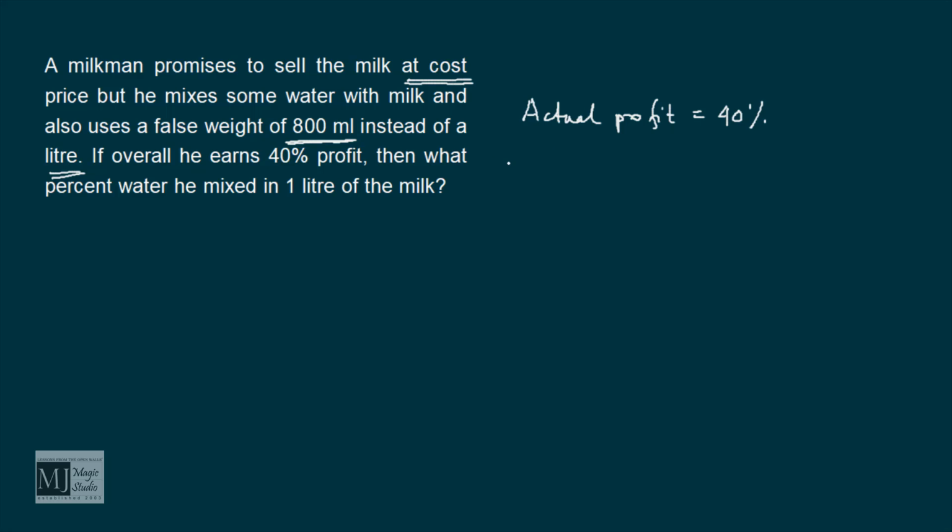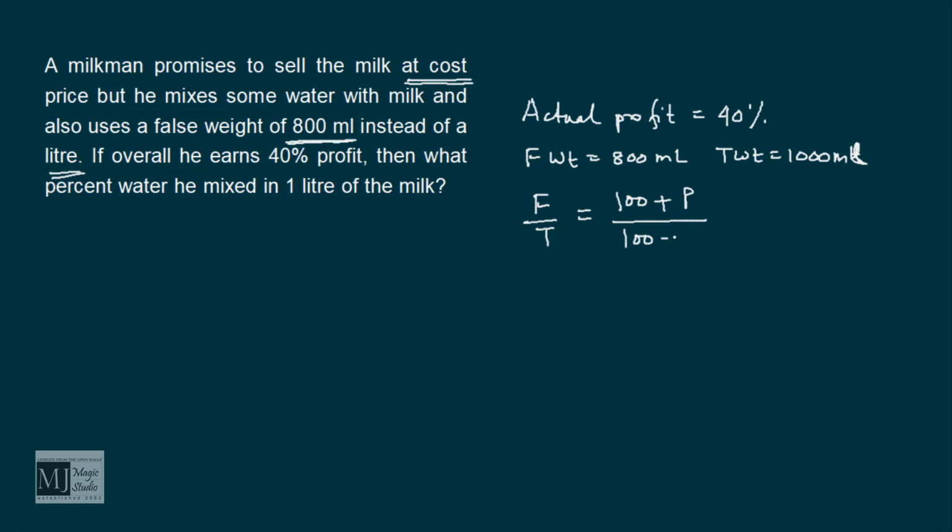If his actual profit is 40% and false weight is 800 ml, true weight is 1000 ml, then we know how to calculate the professed profit, isn't it? False weight by true weight equals 100 plus professed profit upon 100 plus actual profit. Let's solve this.